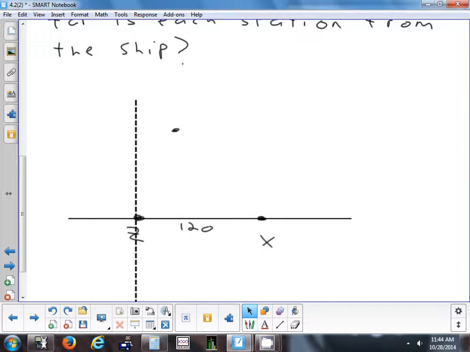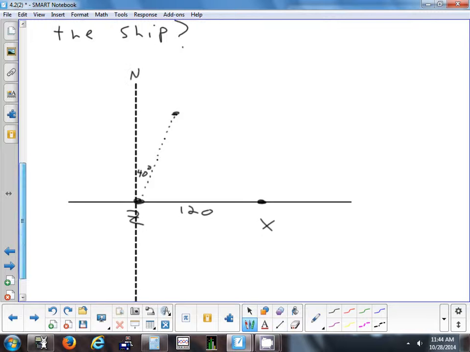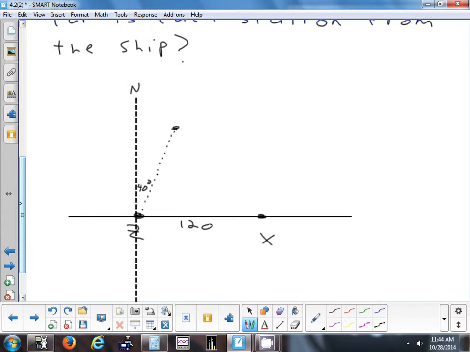So if you're 40 degrees east of north, it'd be something kind of like this. And that would be 40 degrees to the east of a line that's directly north. Okay, that's the idea. The problem with only one station hearing it is this Coast Guard station knows that the boat is somewhere on that line, but they would have no way of knowing where on the line.